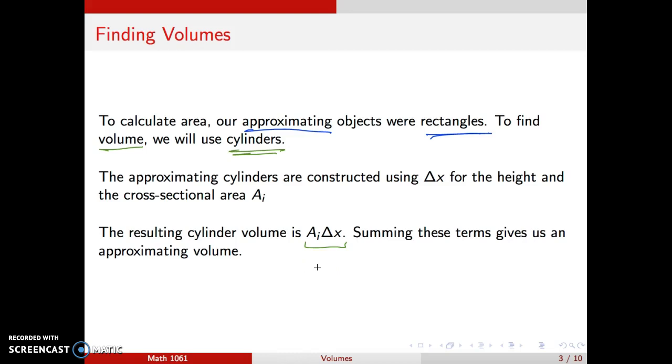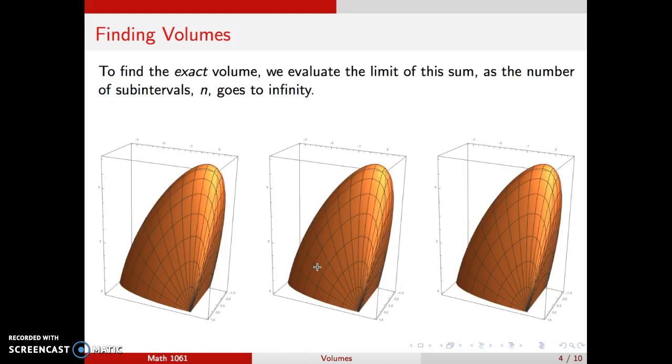So adding up all those approximations gives you an approximating volume, and when things are nice, as you increase the number of approximating cylinders, you get a better and better result, and that limiting process will give you the exact value. So trying to pick some colors here. I think white's not going to work, so how about purple?